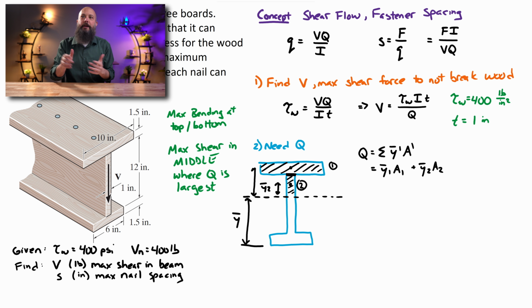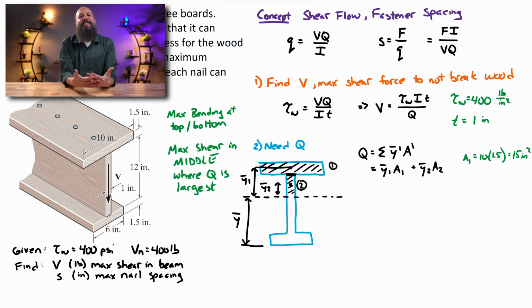Distance times area is going to be a distance cubed. So from our centroid of this beam, we can see that we've got essentially 2 rectangles up above it: just the little skinny vertical rectangle and then the big wide rectangle for the top of the I. So I'm going to have 2: y bar 1 area 1, plus y bar 2 area 2.